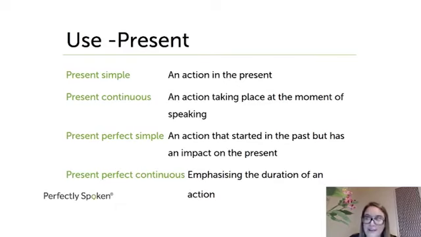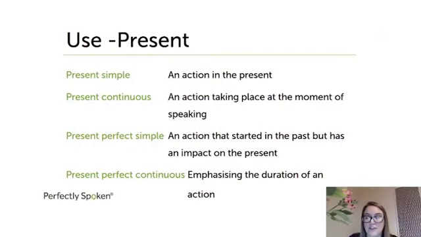Present perfect simple. Remember, we've looked at this in previous lessons and we're talking here about an action that started in the past but has an impact on the present. Something like, I have lived here for 5 years. Started in the past, but it's still true now.